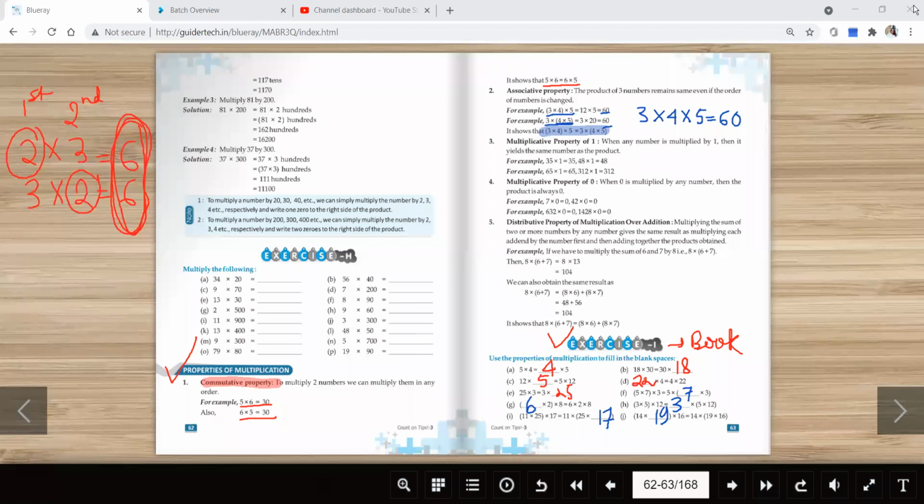Please complete it. After that, only I will erase it. Please, Sharanya.